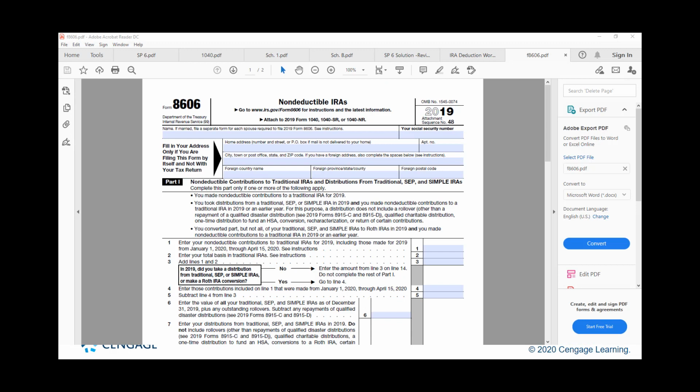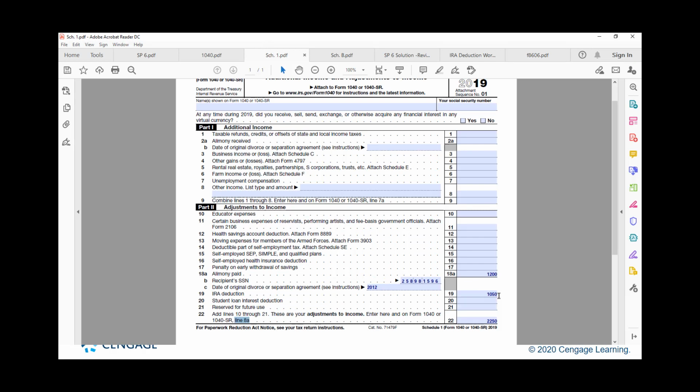For this tax return, we need to complete Form 8606, Nondeductible IRAs. We just figured out the deductible portion, right? The contribution was 6,000, and we determined 1,050 was deductible. Right here, 1,050, that's deductible, and we report that on Form 1040.